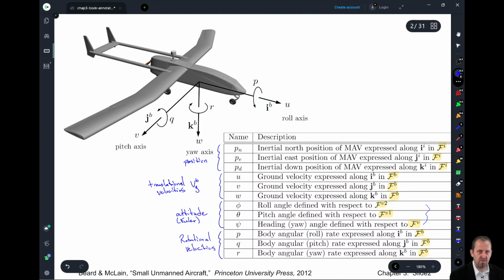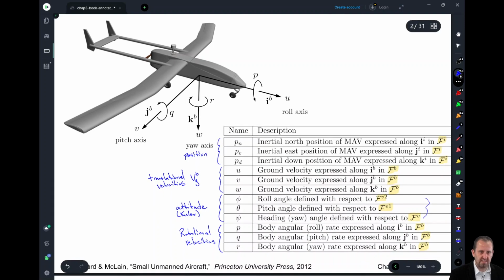So how fast are we rotating about that axis? Our Q is about the j axis, and our R is about the k axis, all in the body frame. So it's nice, all of our velocities, whether our translational velocities or rotational velocities, are all defined in the body frame. So we'll pull this image back up several times.